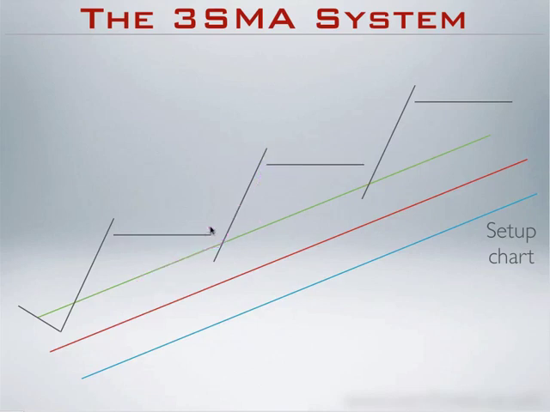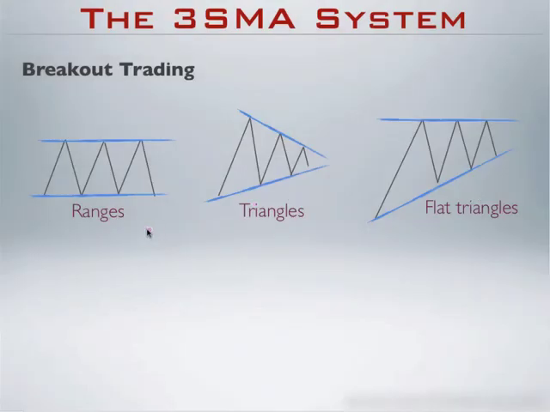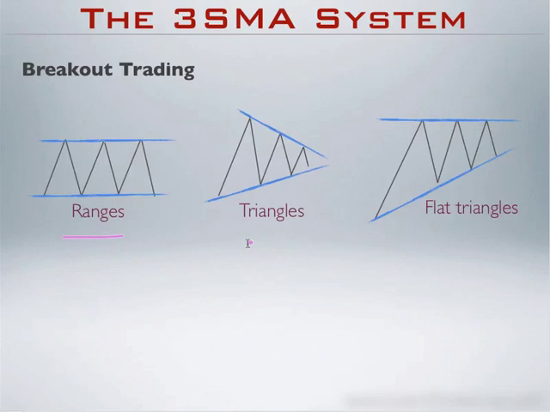Now there are a few different shapes this congestion area can take, and I should have them somewhere in here. All right, here we are. These are the three most common shapes we can see around the congestion areas. Price can take three different shapes.